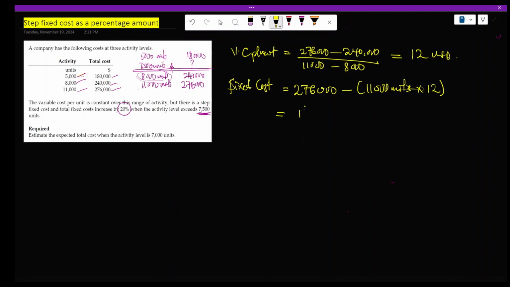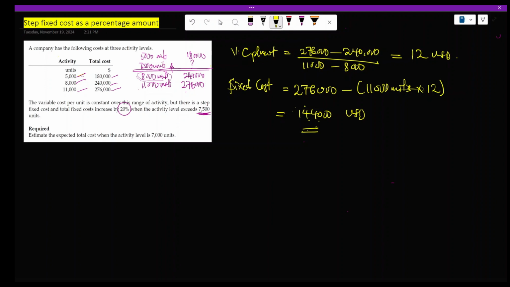And this is going to give us 144,000 US dollars. Okay, great. Now this is the analysis. Inside the 144,000, there is a 20% step up in the fixed cost included.